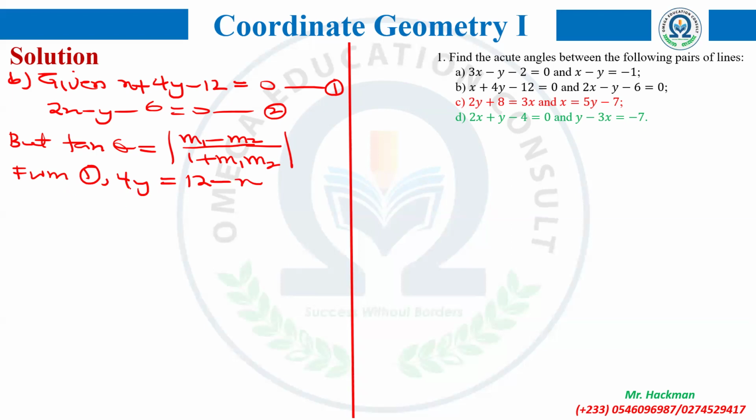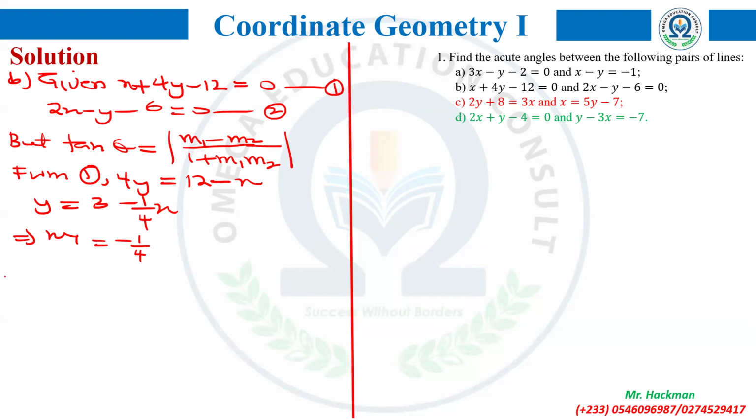I can do that mentally, each of the terms. So this by 4 will give me y is equal to, this by 4 will give me 3, minus this by 4 will give me 1 over 4 x. Is that clear? So this implies that my M sub 1 is equal to minus 1 over 4. All correct?